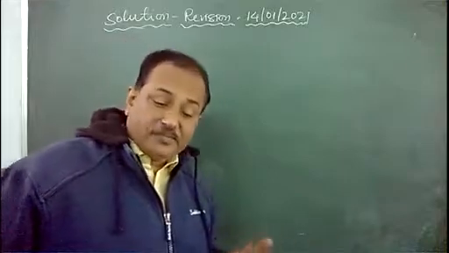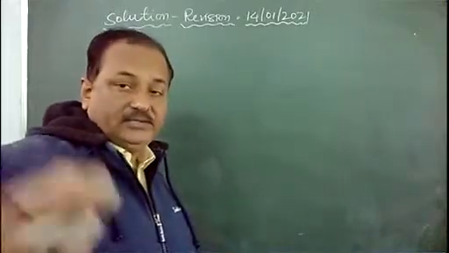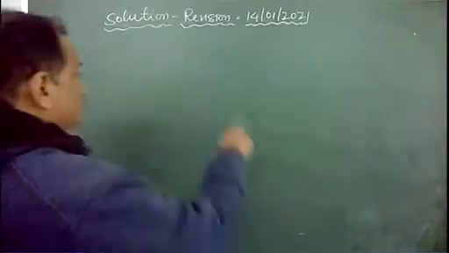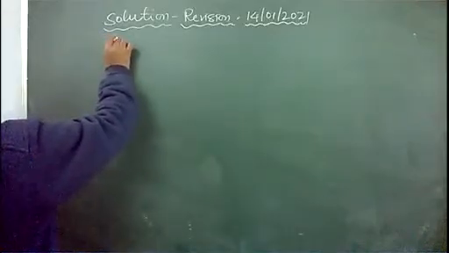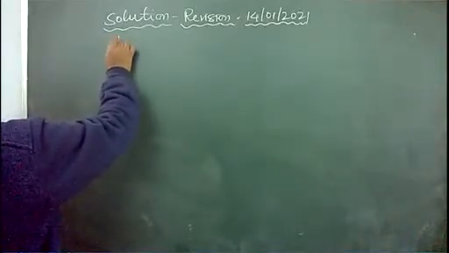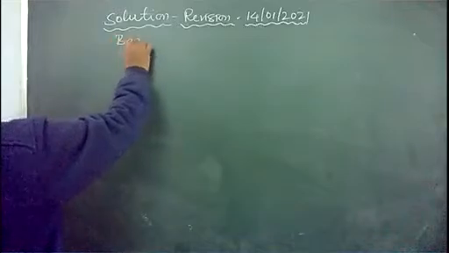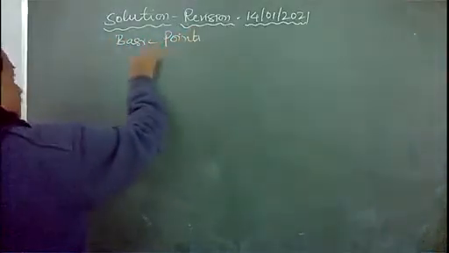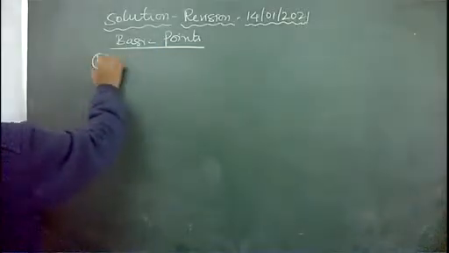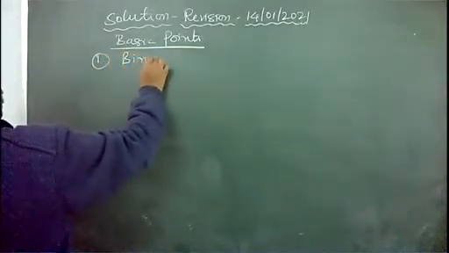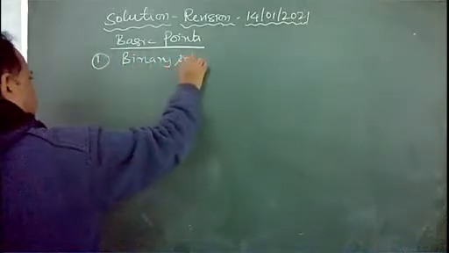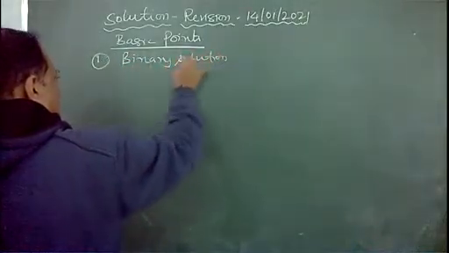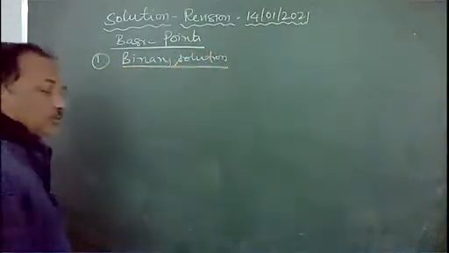Now I am going to explain some more points in this chapter. So first I am having some basic points. So first is binary solution. So binary means two.